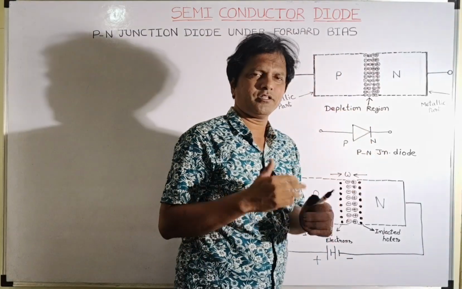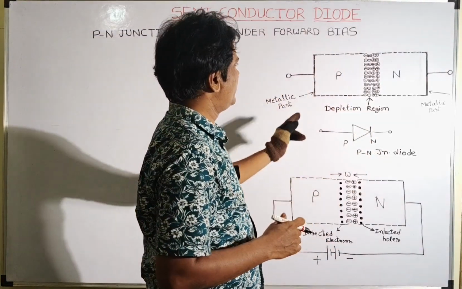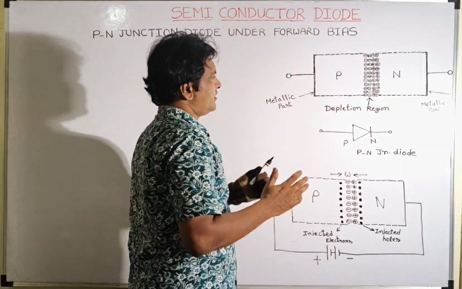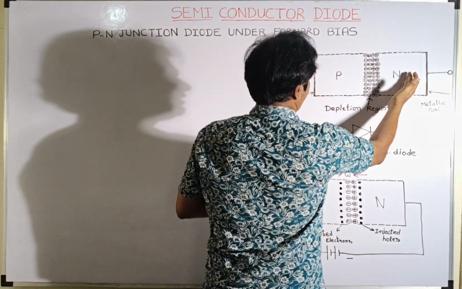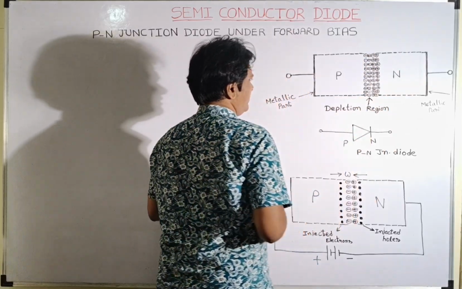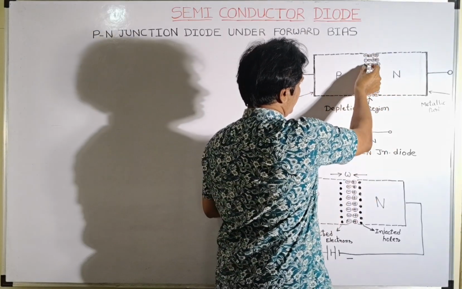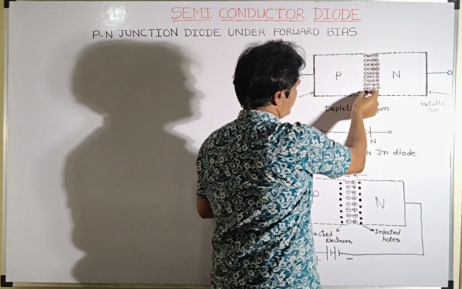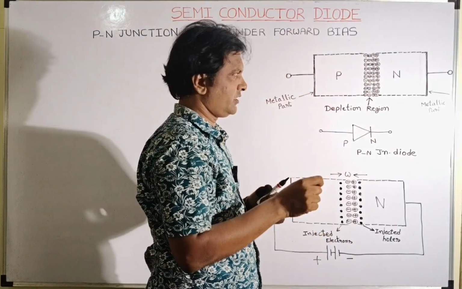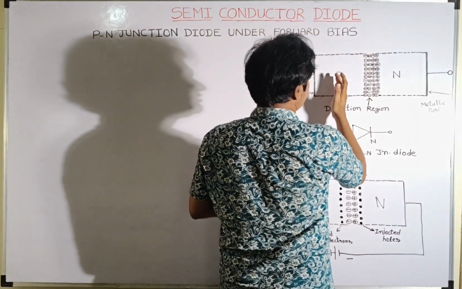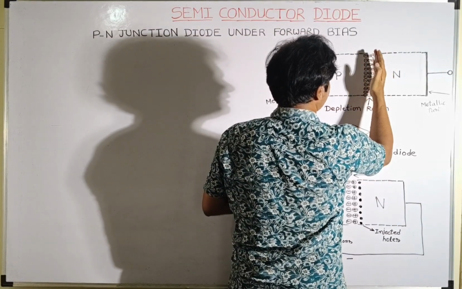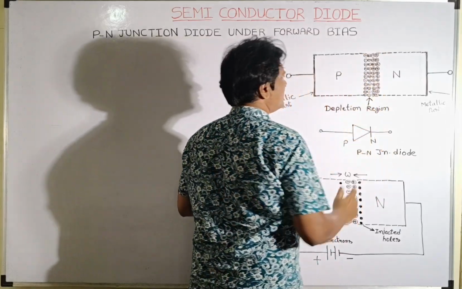They are moving on the basis of the gradient, so it is called diffusion. Based on the diffusion, the electrons will accumulate on this side, holes on that side. So the majority negative charge will accumulate just beside the junction, and the holes, the positive charge, will accumulate just beside the junction.